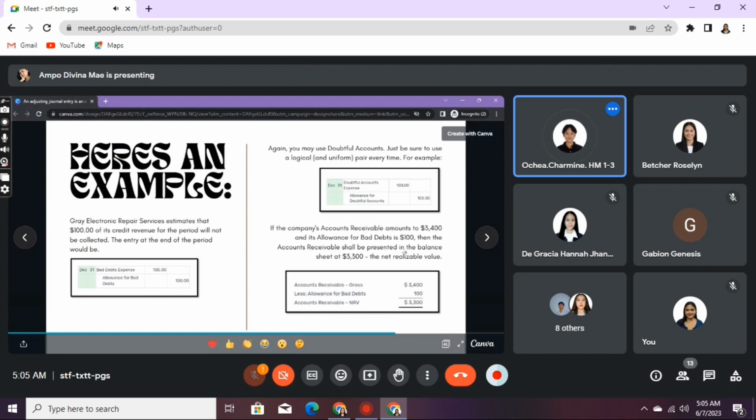So, accounts receivable is actually $3,400 and its allowance for bad debts is $100. The numerator is 3,400, the denominator below, and then it equals the accounts receivable. That's all for my report. Thank you.